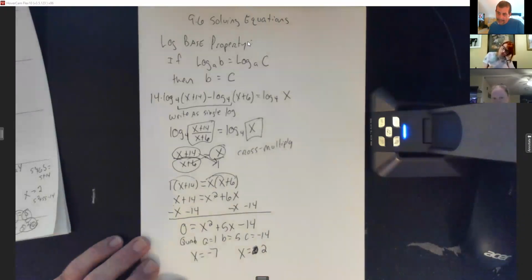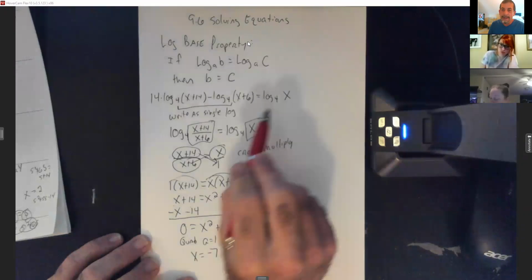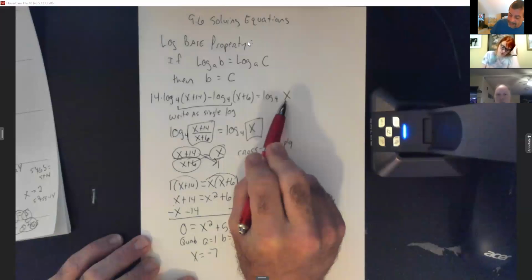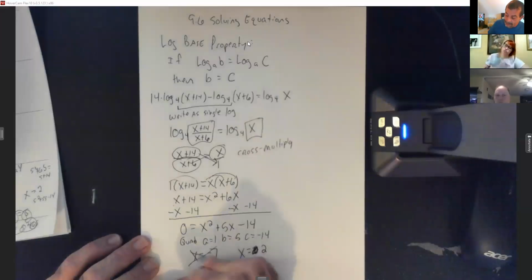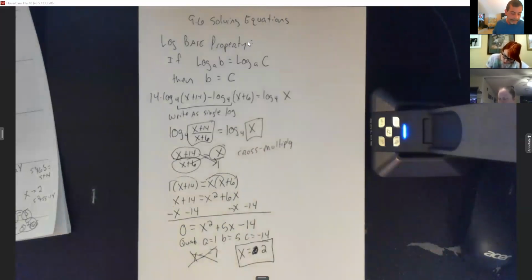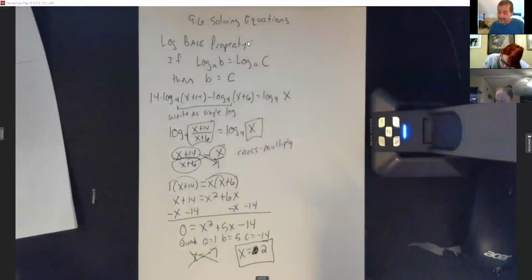So remember, I need to check my answers, because if I put a negative 7 back in for this log right here, log base 4 of negative 7 would give me an error message. So I cannot keep that negative answer, and the only answer would be x equals 2. So you got to make sure you check those answers when you get negatives, okay?